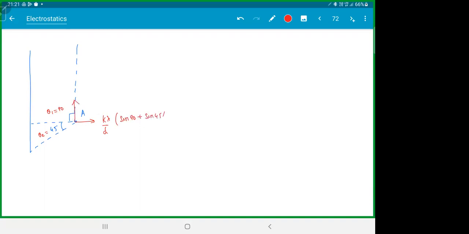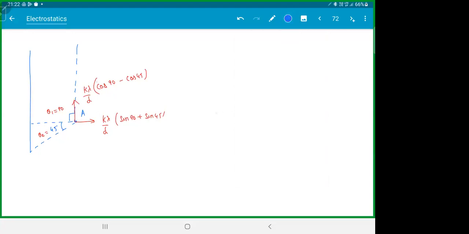The parallel component should be in the direction of theta 1. So if you have taken this as theta 1, it would have been this way. Are you getting it? It depends on how you are choosing theta 1. So this will be k lambda by d (cos 90 minus cos 45) upward. Actually, the signs will take care of it.